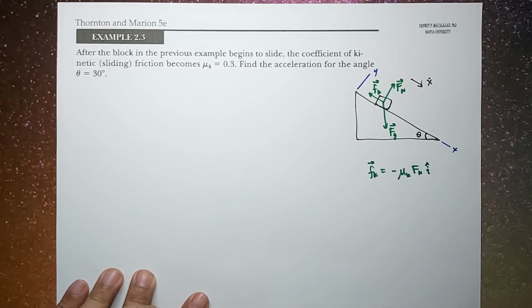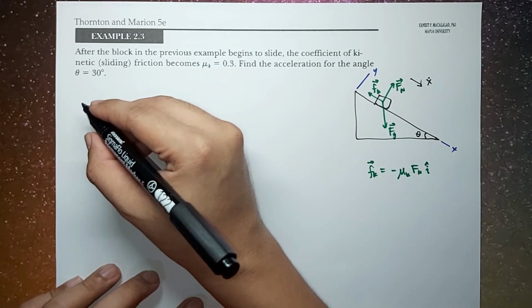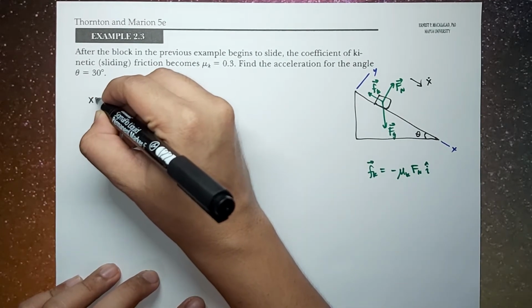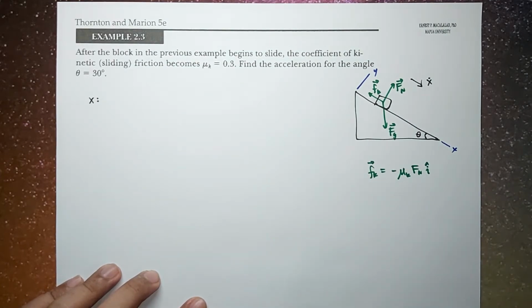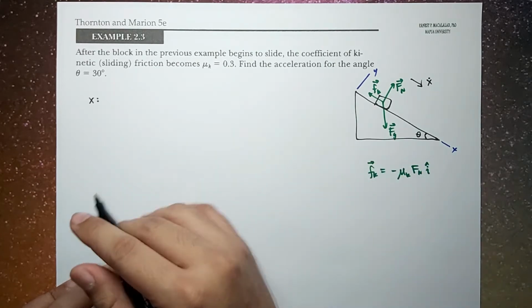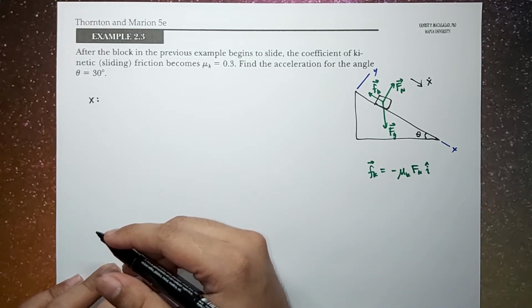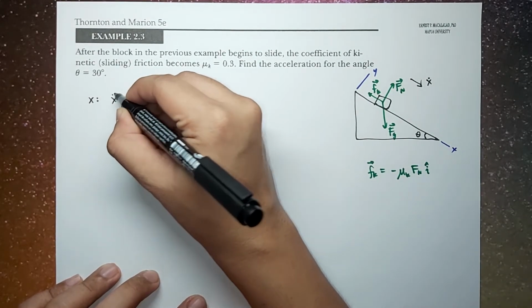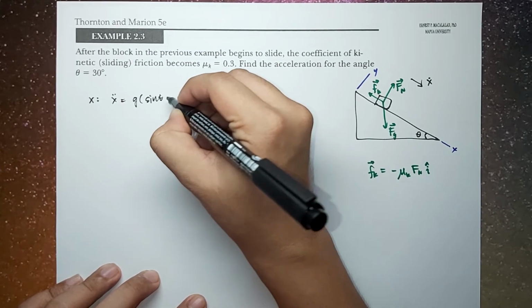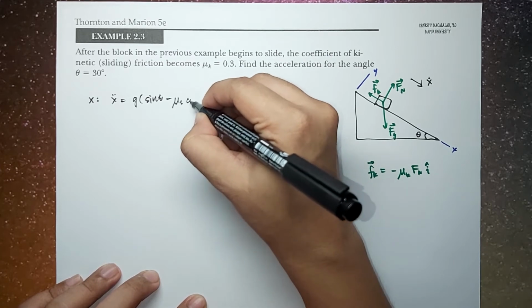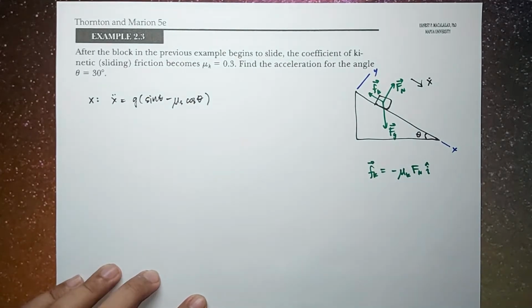So you can just refer to the example 2.2 video to know that the equation of motion for the x component of this problem will be x double dot equals g times sine theta minus mu s cosine theta.